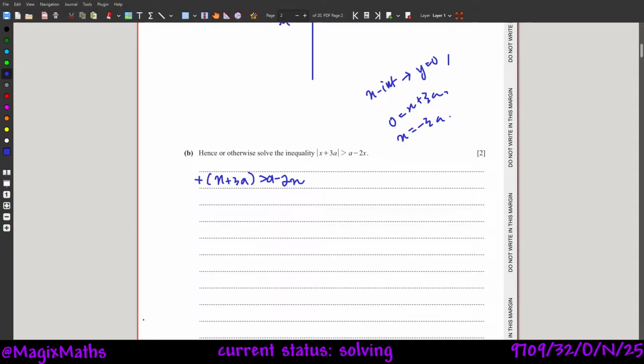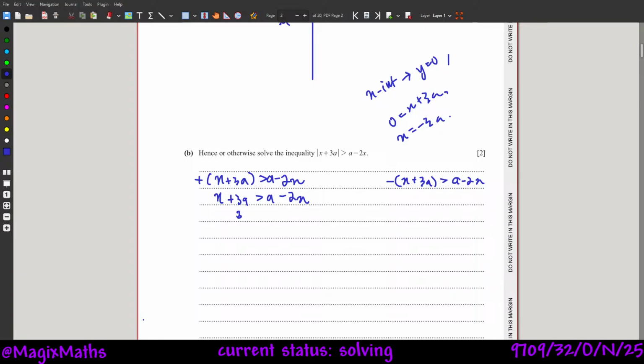And then for both cases, we solve the inequality. So let's take, for example, this one. Open up the brackets, isolate the x's and the a's.